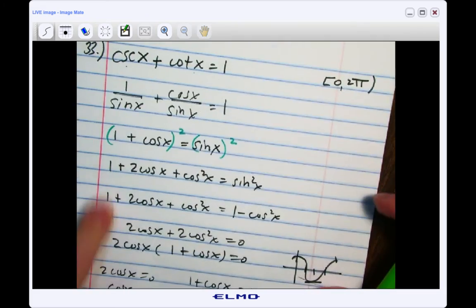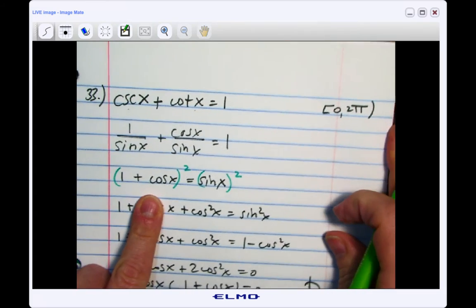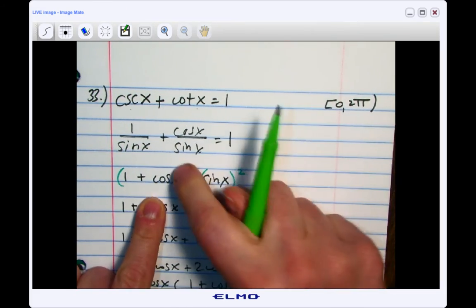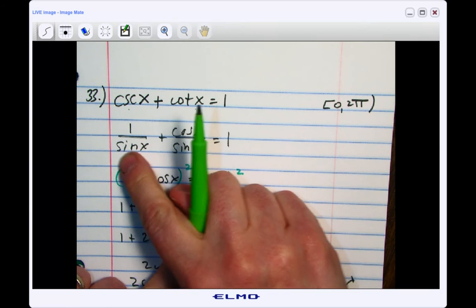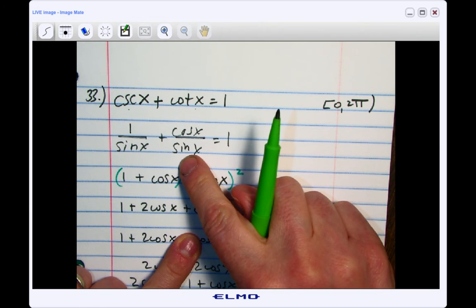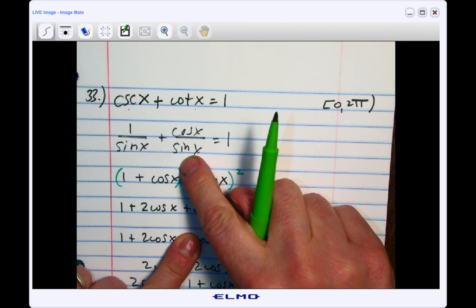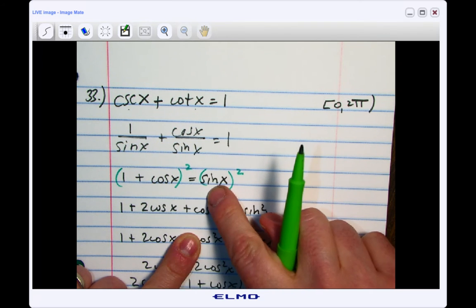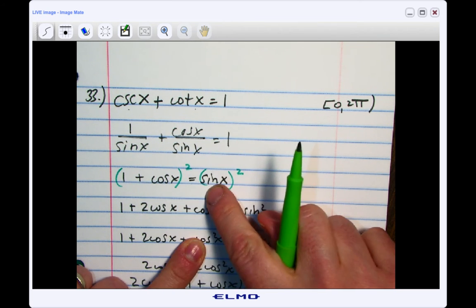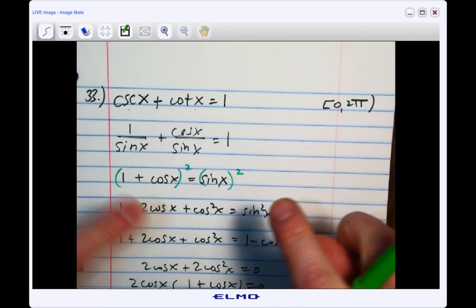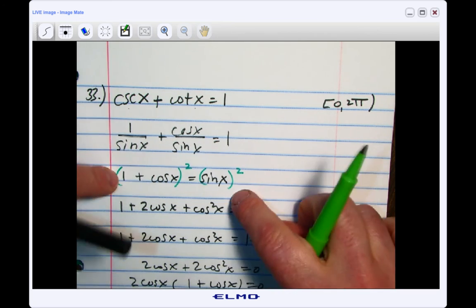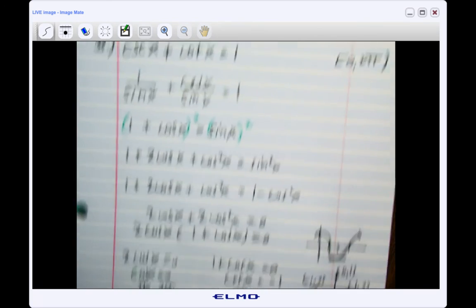Because if you take a look here, there's a couple things that I did that could cause a problem. This one definitely has a domain restriction, right? There's some values, whatever would make sine x 0. I eliminated that restriction in this one when I multiplied through by sine. So that's a place where I potentially made extraneous solutions. Then I squared them. So that's another place I potentially made extraneous solutions.